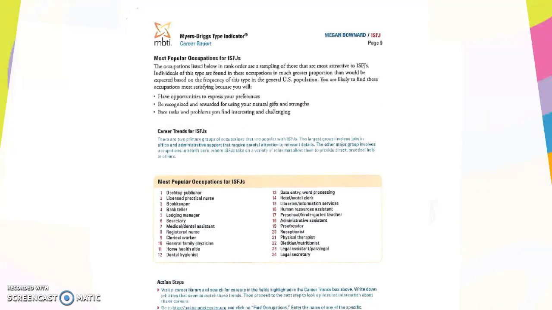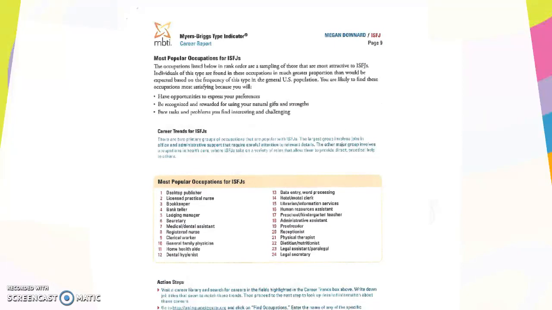The last page of your assessment result is page 10, and it's not highlighted on the PowerPoint, but page 10 just gives you an example of least popular occupations related to your type. So those will be careers that you will want to stay away from.